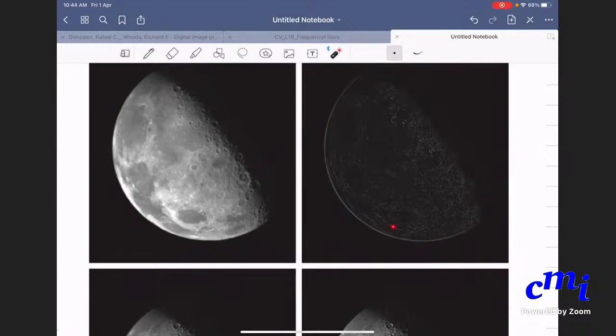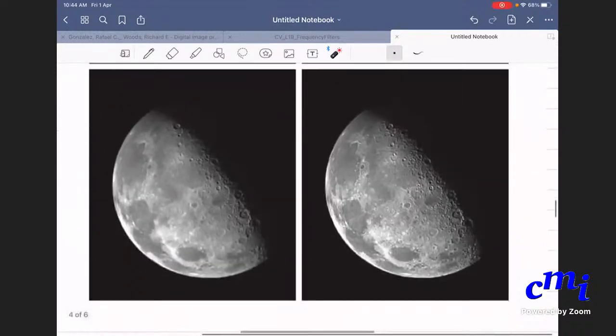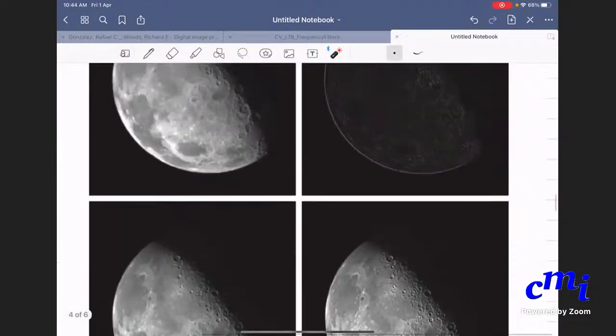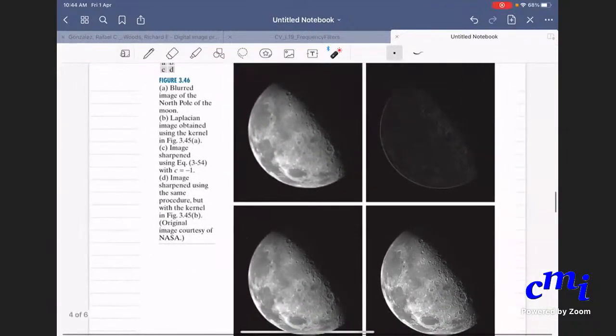But now if you add these two, you get an image like this, where if you compare even visually the original image with this one, you can see that this image has essentially been sharpened a bit. Everything appears a bit sharper.